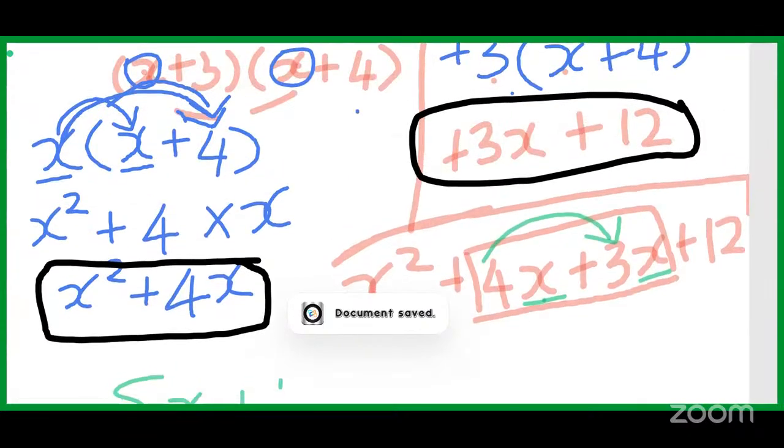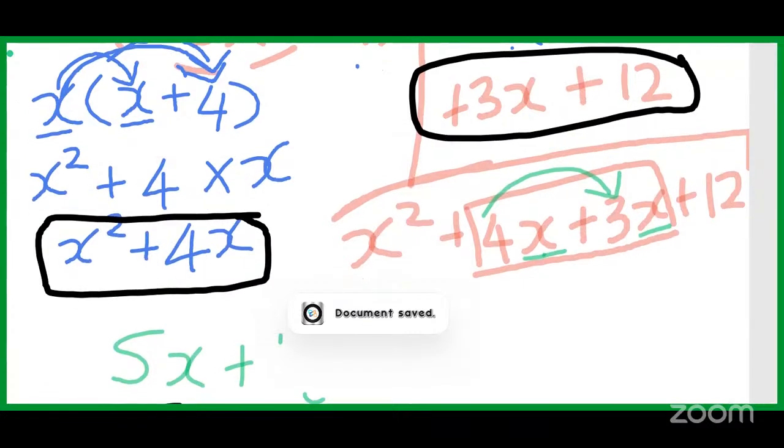We can try, ma'am. Okay, so it's x squared plus 4x plus 3x plus 12. In 2 minutes, come back with the final or simplified answer. So you just add your like terms. Yes, ma'am.